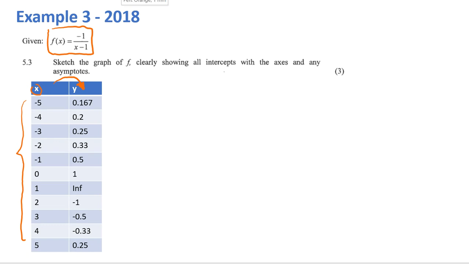For example, if I had to do it by hand, I would probably choose the point x equals minus 2. So that's your x value, that's your y value. And I would have minus 1 divided by minus 2 minus 1, and I would get a third. Something like that. You would do that for a couple of values, get a table and just draw it.